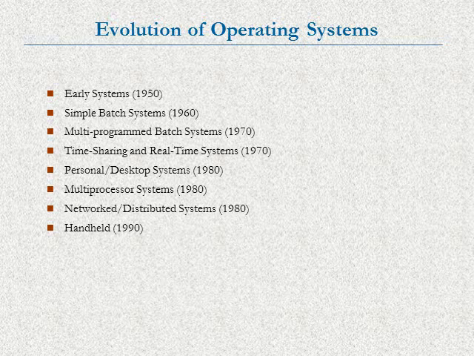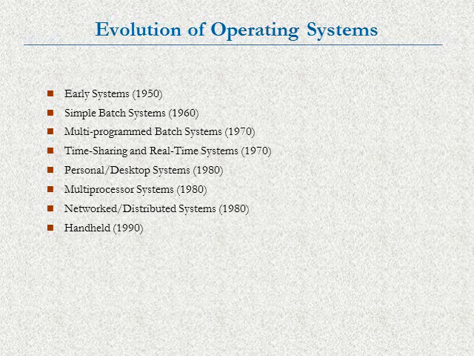It's just a piece of interface that lets the users interact with the machine. So when we have any modification in the machine structure, we have new requirements from the user side or application side, then we have to have some modification in the operating system as well. So that is why we have generations of operating systems with the modifications in the machines.